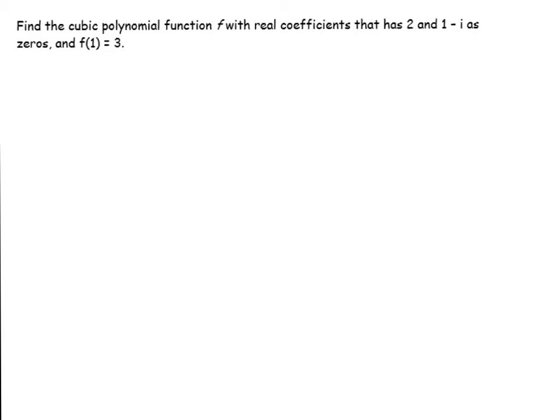Look at right here. It tells us for this third degree polynomial function that when x is 1, y is 3. When x is 1, y is 3. All right, good enough. Let's get started.